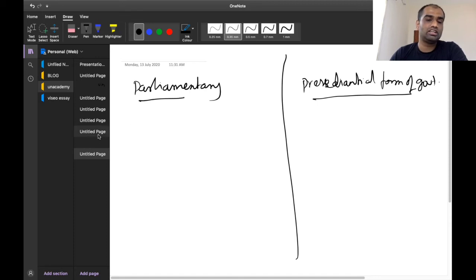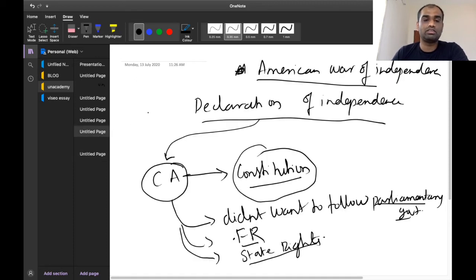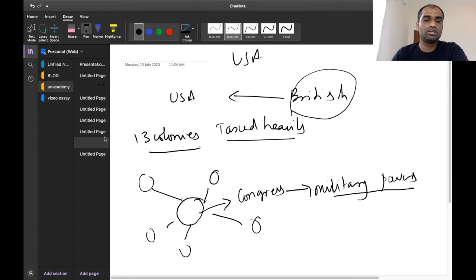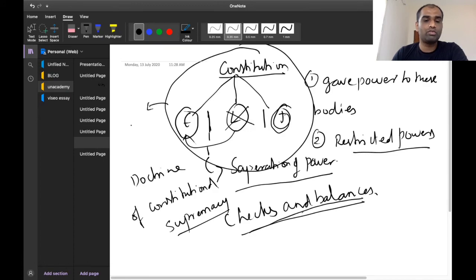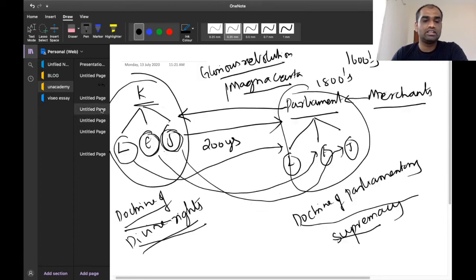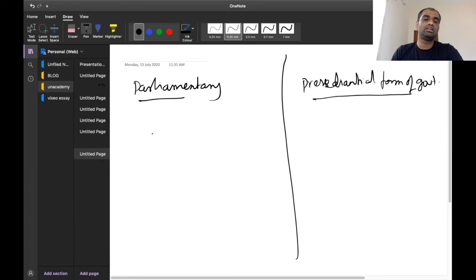So now see here, this type of government was followed in the USA. The parliamentary form of government was followed in the UK. So for the sake of comparison, we will be comparing the two types of government in the UK and the USA. Clear?